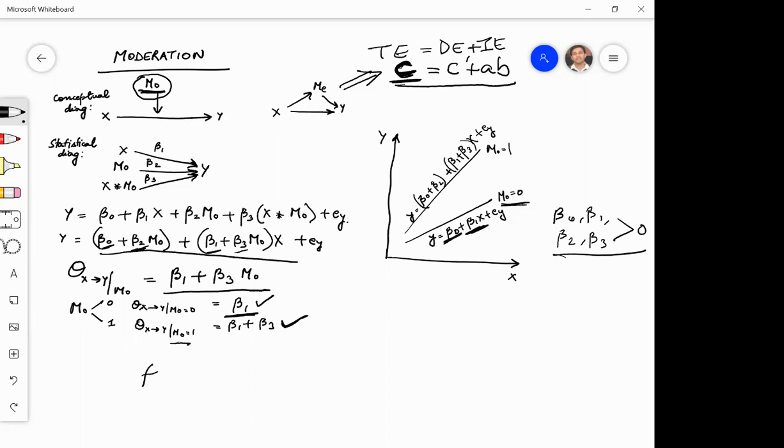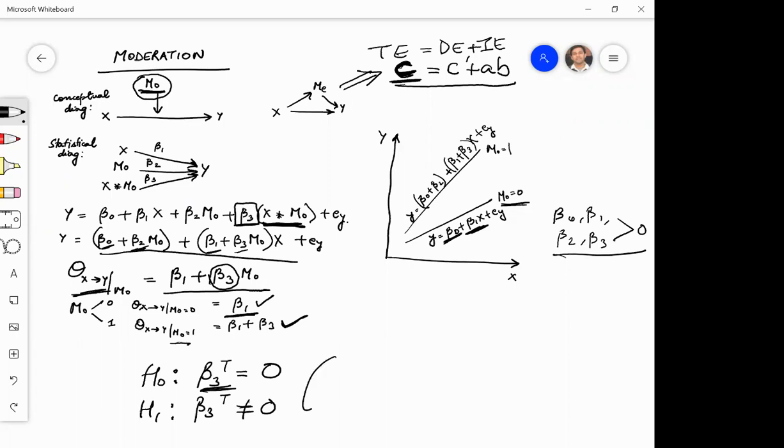So what is the test of moderation? Let me also tell you this. The test of moderation is the coefficient of the interaction term, that is X into MO. The coefficient of this term, beta 3, whether this is 0 or whether this is different from 0. Because only if beta 3 is different from 0 will this effect change.